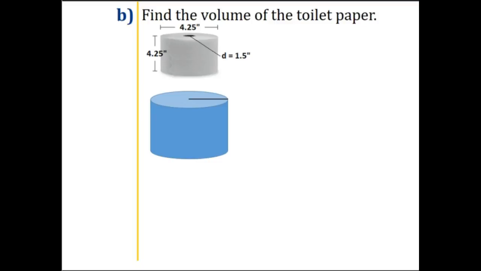That's right, Chloe's got it. 2.125. So that's my actual what? Radius. Okay. So my radius is 2.125. What is my height of the toilet paper? 4.25. So can I figure out the volume for that?